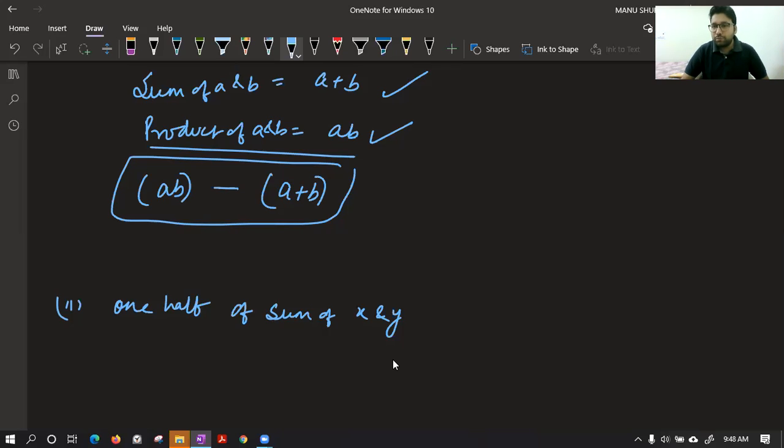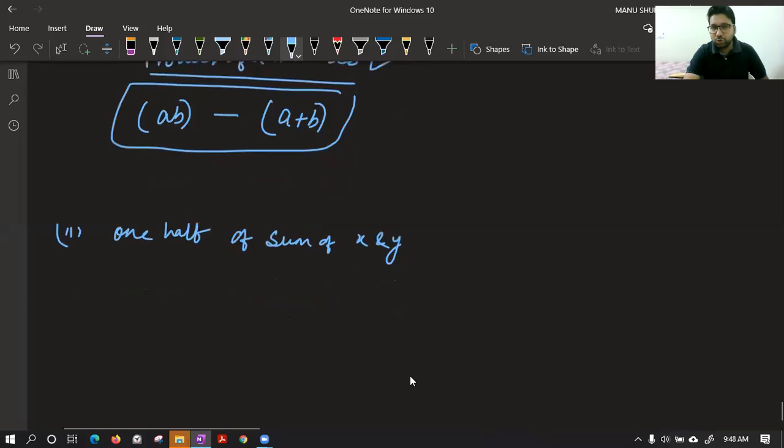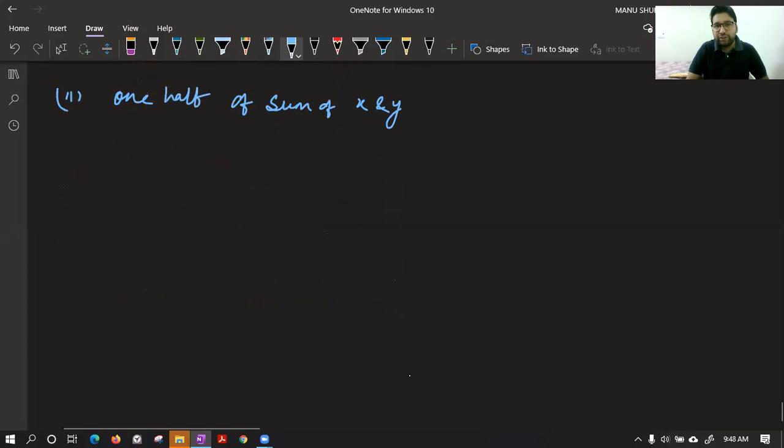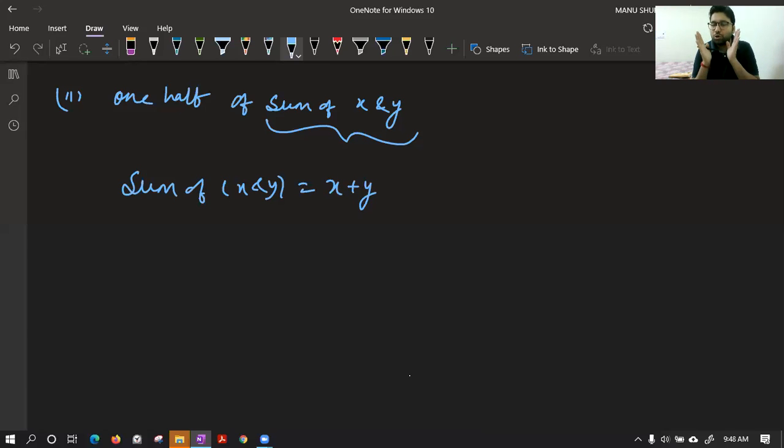Okay, Alan, I think you have doubt in this one only. Please see. First, you need to find the sum of x and y. The sum of x and y is very simple. x plus y. Now read the question. The question is saying one half of the sum of x and y.